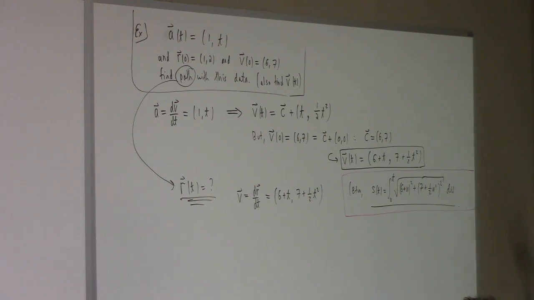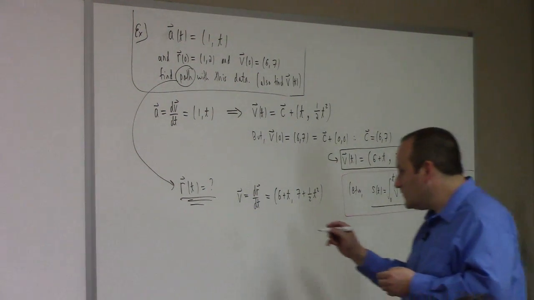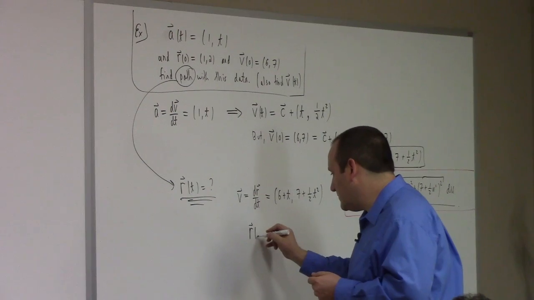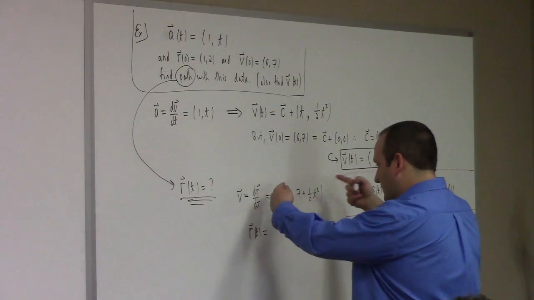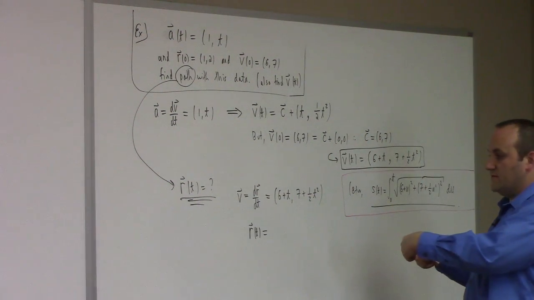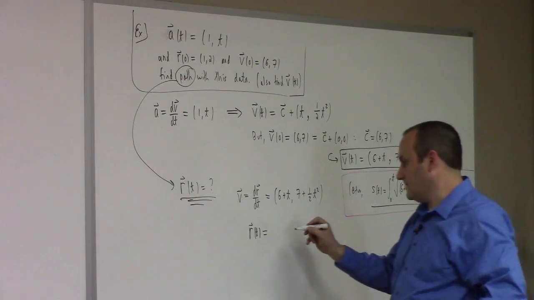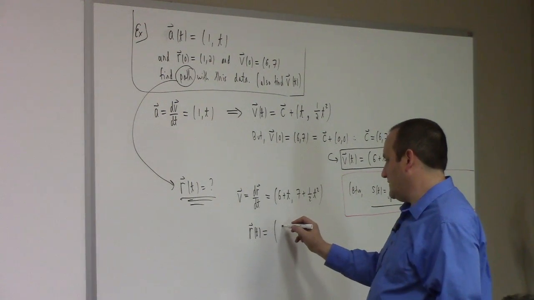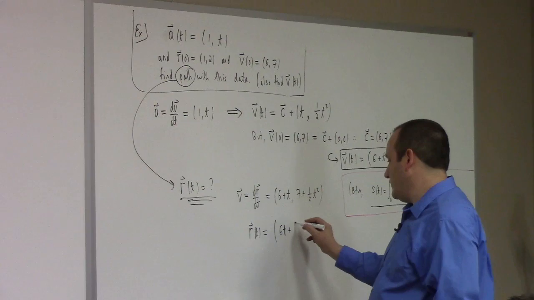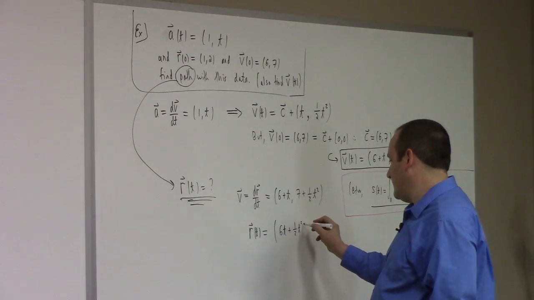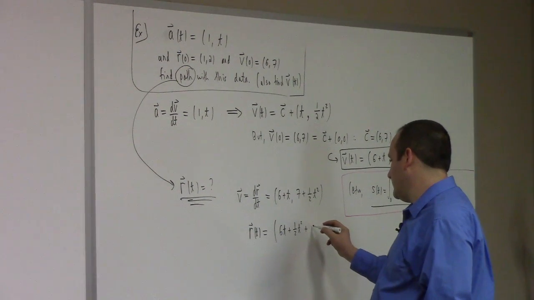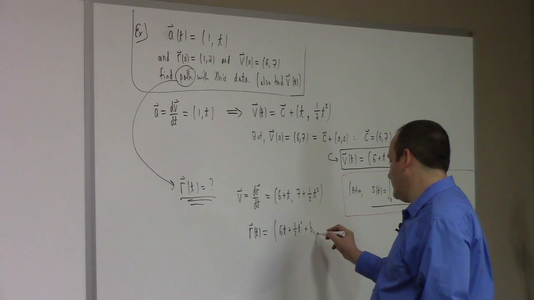Let's see here. So r of t is what? Integrate, right? What's the integral of 6 plus t? I get 6t plus 1/2 t squared plus some constant, let's say b1. And then what's the other one?